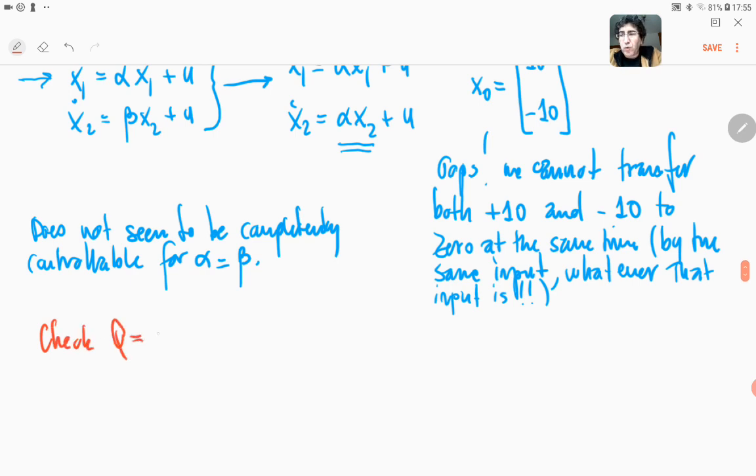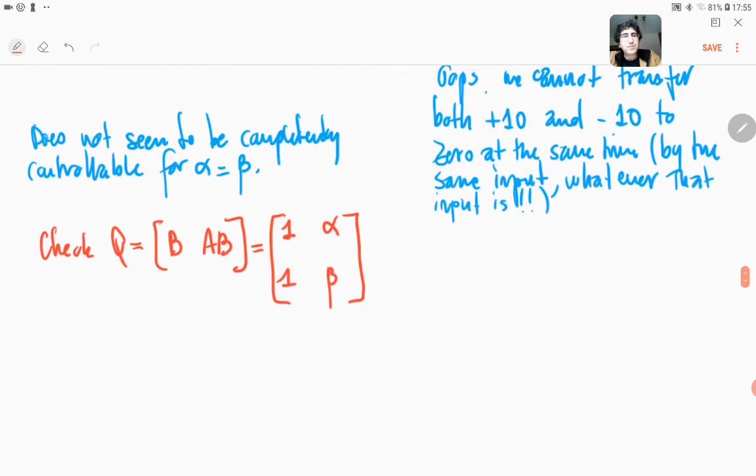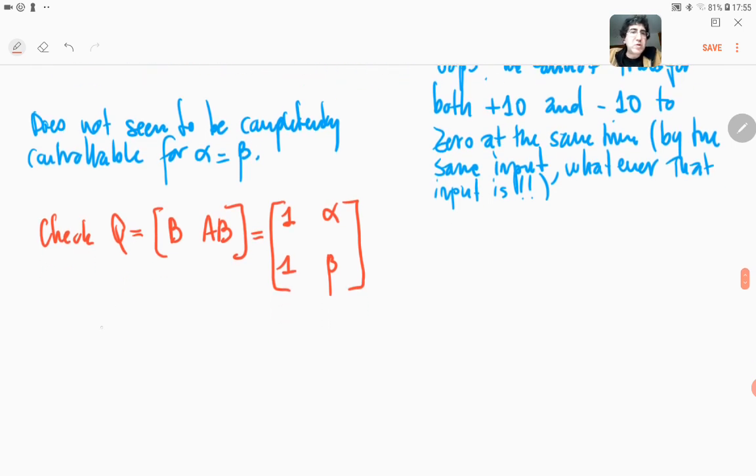So check Q. Q is equal to B, AB again. So that's going to be, in this case, 1, alpha and 1, beta. Okay? So you see that the determinant of Q is equal to beta minus alpha.